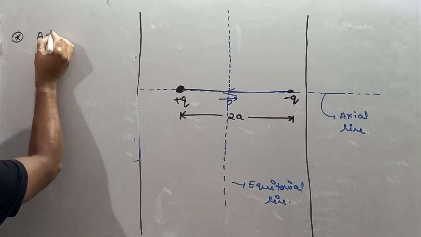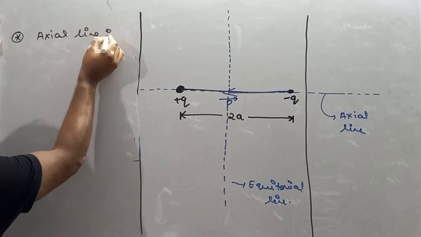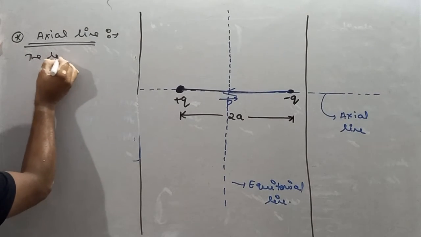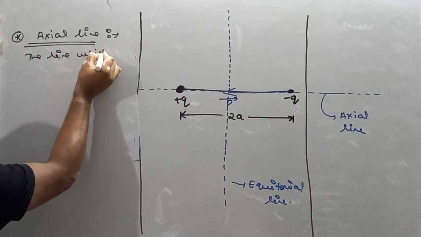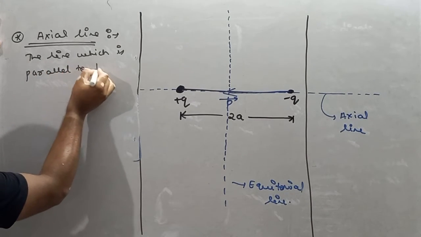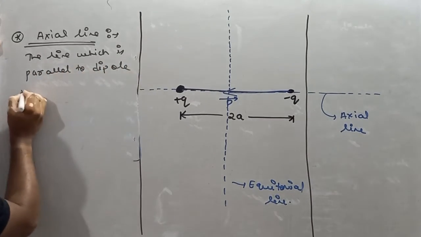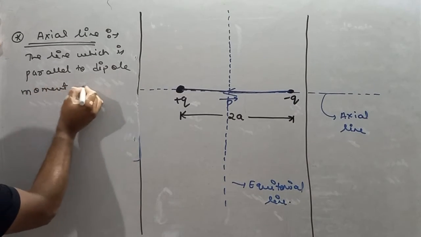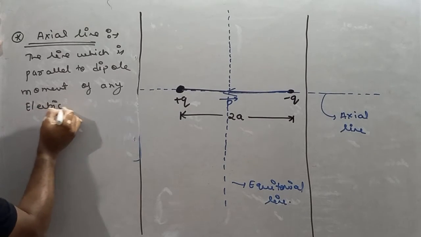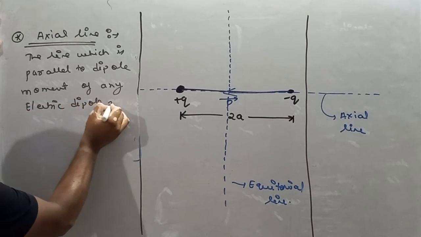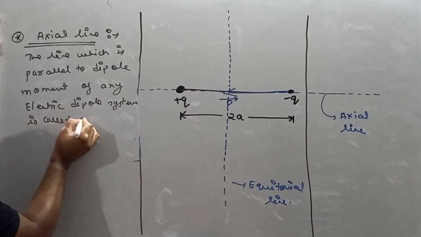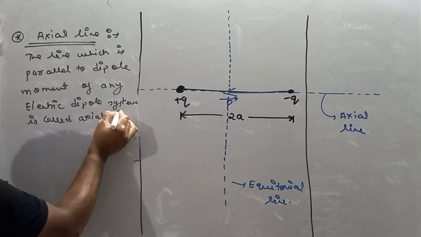First is your axial line. So what is the axial line, dear student? The line which is parallel to the dipole moment of any electric dipole system is called the axial line.